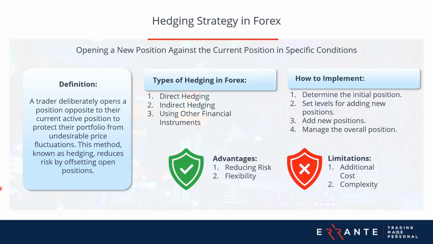In that case, I'm going to hedge in a shorter time frame, let's say GBP USD, which has an almost positive correlation with EUR USD, and I'm going to open a long position on GBP USD on a shorter time frame with predetermined take profit levels and stop loss levels.